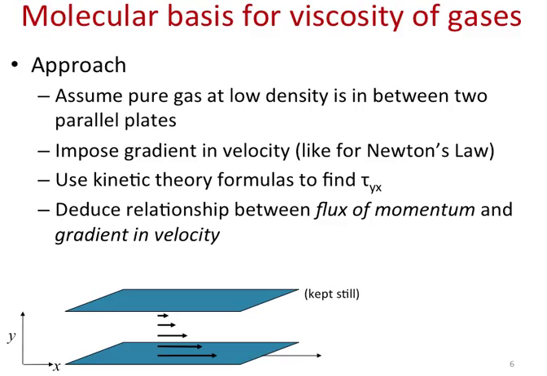Basically, I'm just going to impose this gradient, and I'm going to fit kinetic theory into tau yx equals minus mu dvx/dy, and see what I get for viscosity. Any quantification that I have, I'm going to look to kinetic theory to give me.